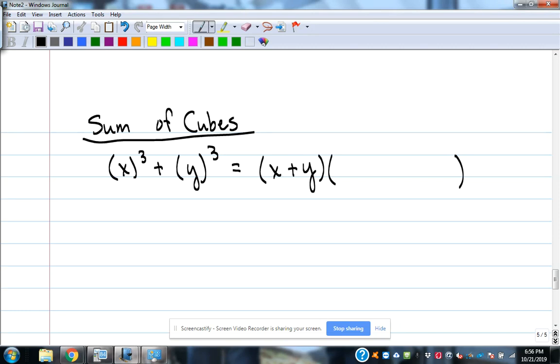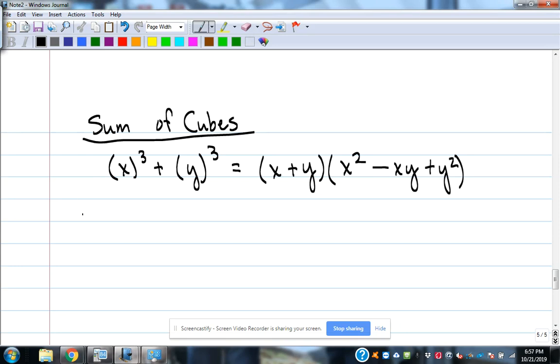The long factor has the opposite sign in the middle, so it's a minus sign in the middle, a plus sign on the end. The first term in the long factor, I used one of the x's, so there are two left over: x squared. The last term, I used one of the y's, so there are two of those left over: y squared. The middle piece is you multiply them together, x times y.